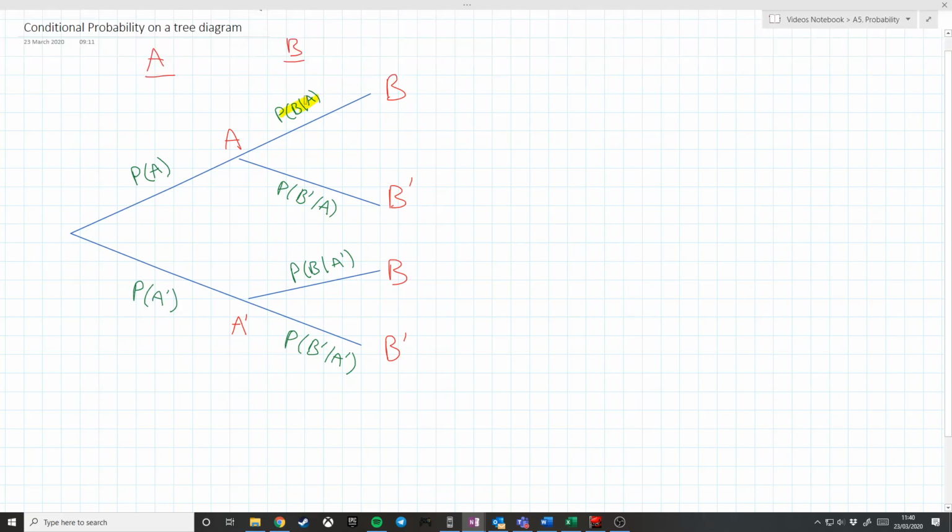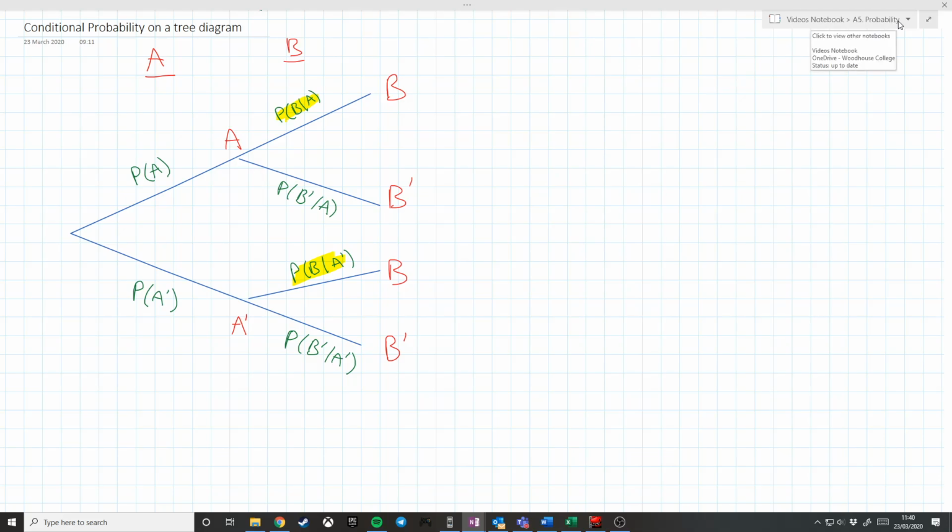This probability and this probability are sometimes the same and sometimes not, depending on whether they're independent or dependent. You've seen situations like that before, like with or without replacement.